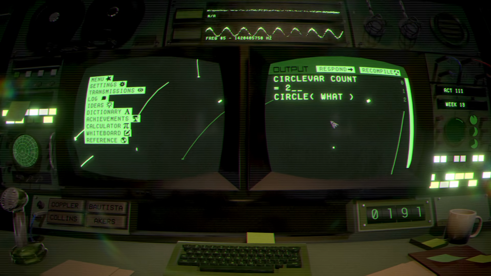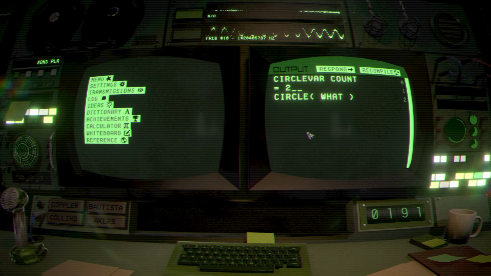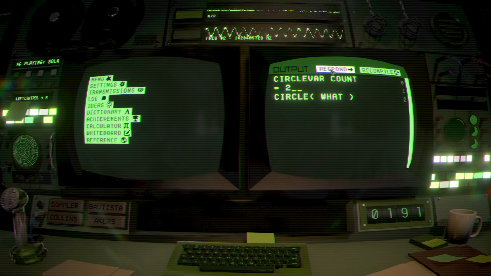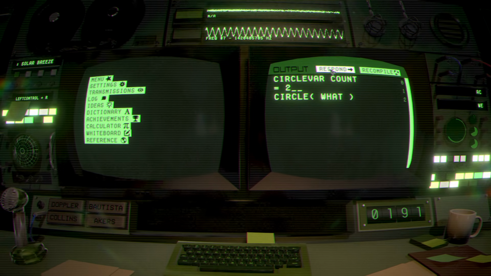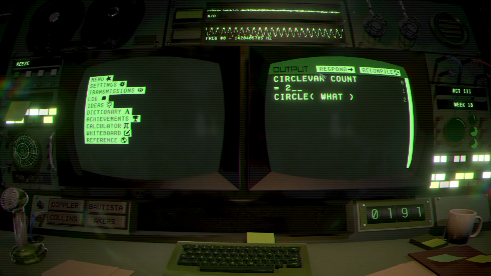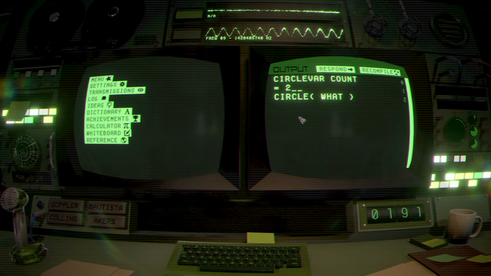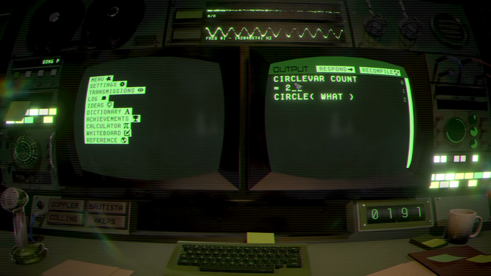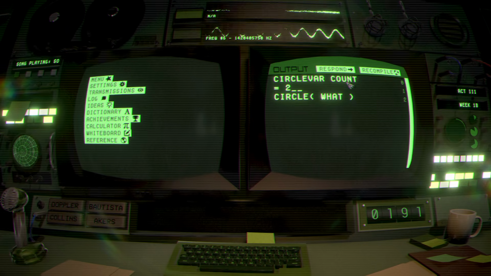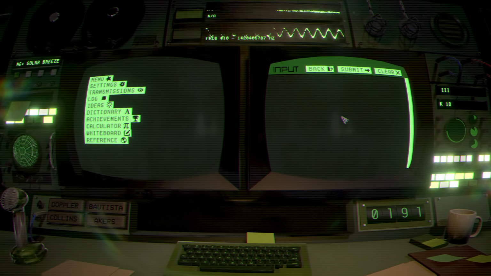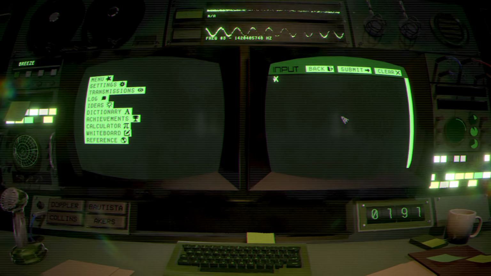Alright, Meteor. We're understanding. A 2D circle is a what? What are they saying here? Or are they saying a circle with 2 variables has an x and a y?